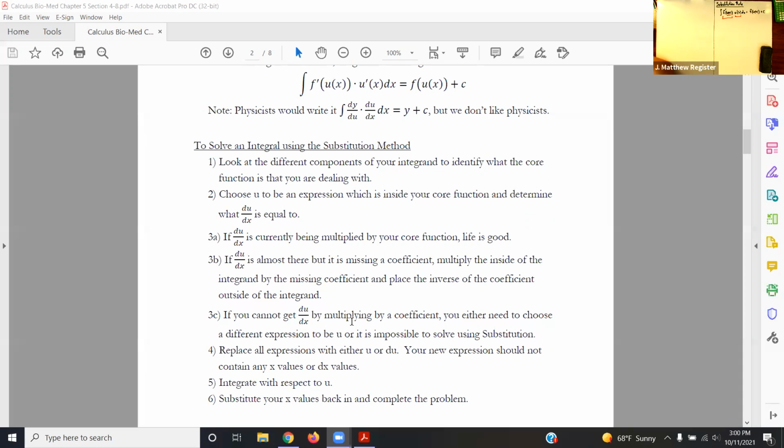If you cannot get the du/dx, then you're just kind of stuck and you'd have to use some other technique. The next step is you replace all of your expressions with u's and du's. You get rid of all of the x's in your starting integral and you turn everything into u's. After you've done that, you can substitute back to get back into x's.